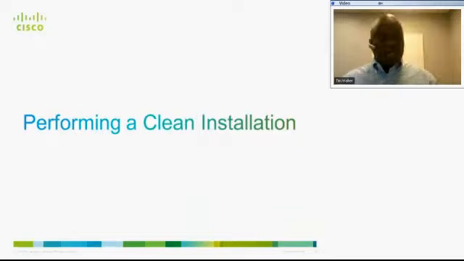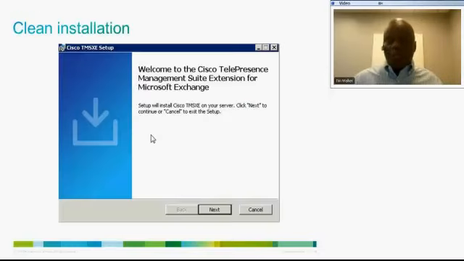All right, so this next section we're going to cover performing a clean install, which is not much different than a migration, with the exception that we're not actually migrating in our previous configuration. So on a clean install, remember back on the system overview, we had the Active Directory, your Exchange server that has EWS running on it, and your TMSXE server.